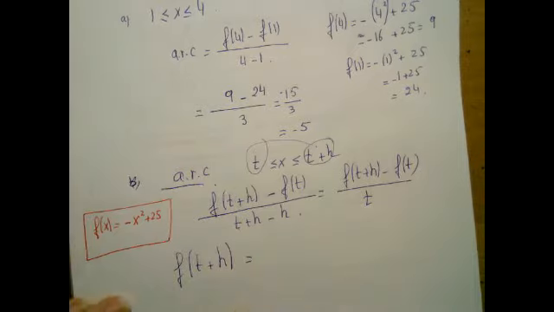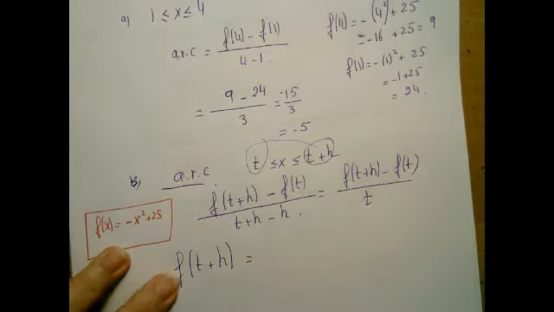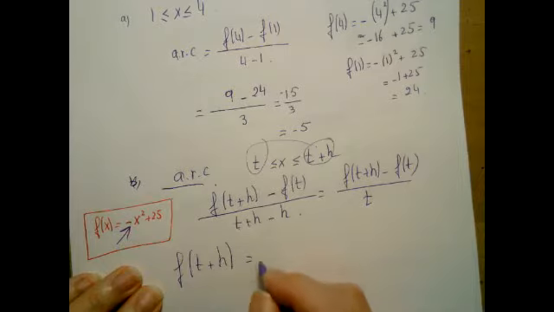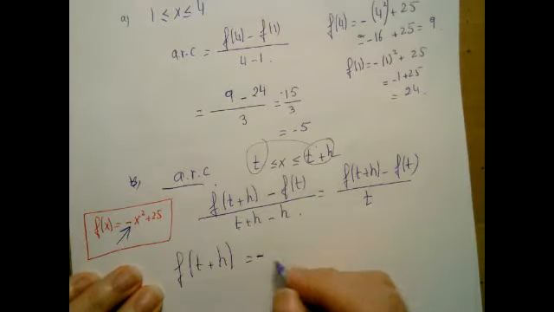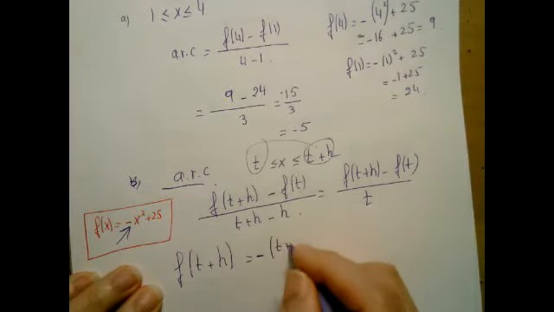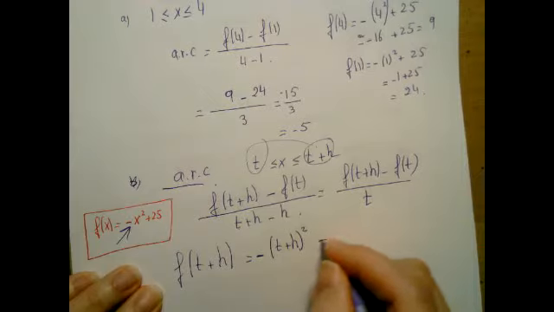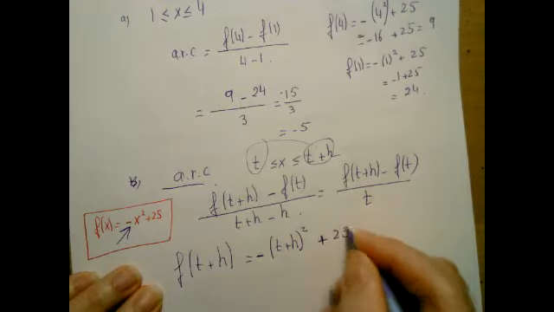Plus 25. So what is f of t plus h? It means wherever there is x, I put a t plus h. But never forget the minus. So it's minus the quantity t plus h squared plus 25.